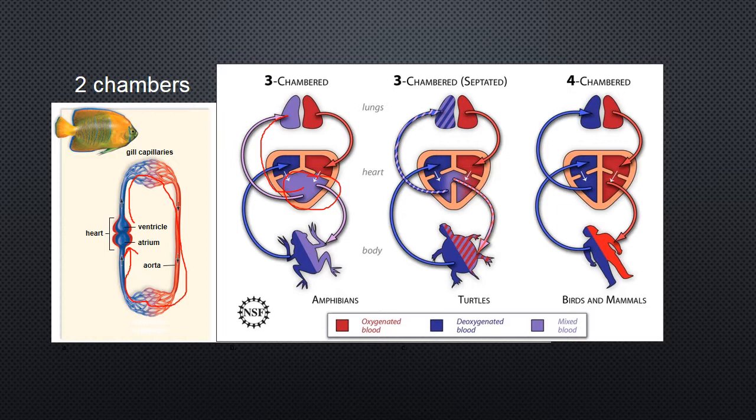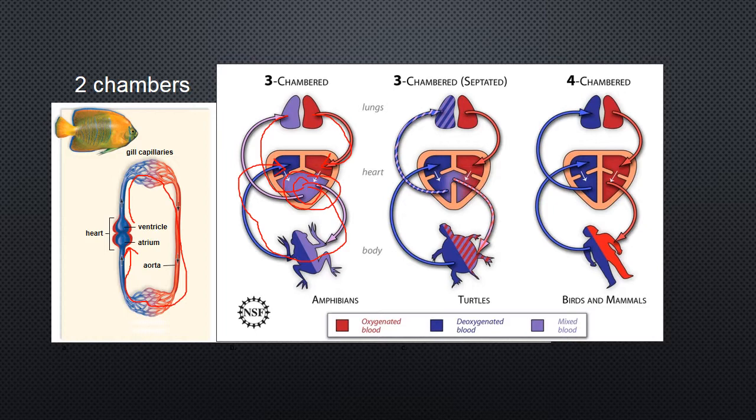And then that oxygenated blood comes back into this atria right here, and then mixes, and then goes again from the same ventricle out to the rest of the body and back in to this atrium here. So there is a mixing of oxygenated and deoxygenated blood.